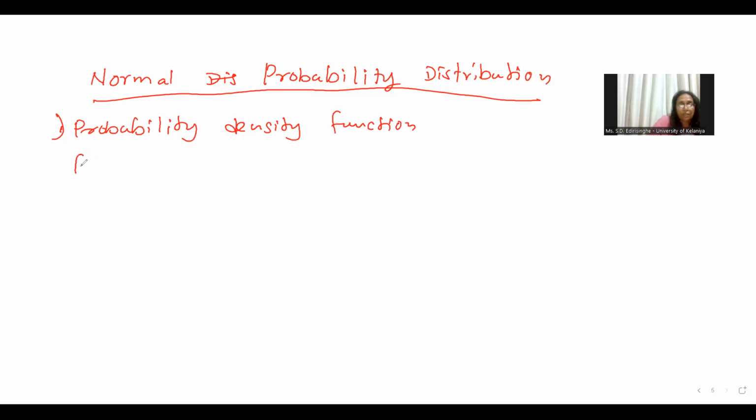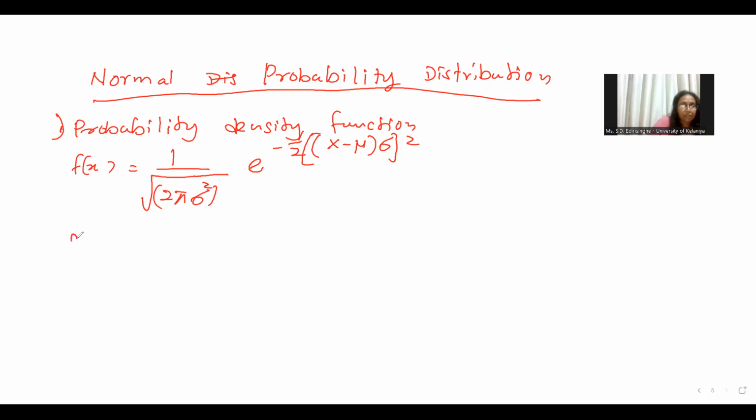So that is f(x) equals 1 divided by the square root of 2 pi sigma squared, and right here again the mathematical constant e to the power minus (x minus mu) squared over 2 sigma squared. You can write it in the other way as well; both are correct.